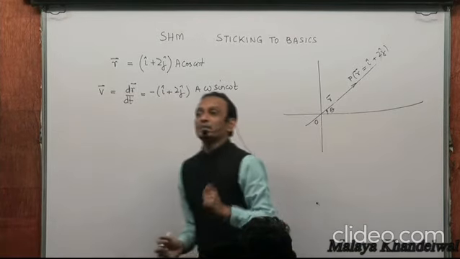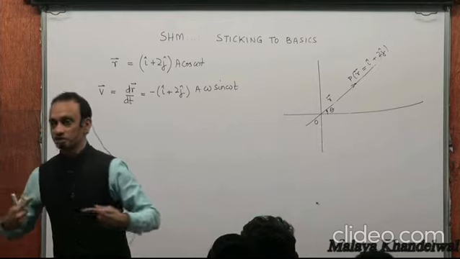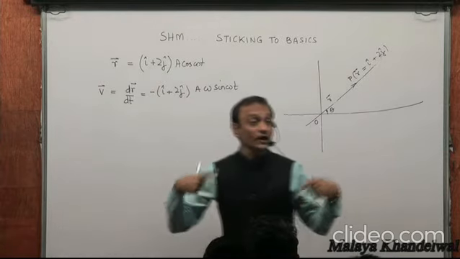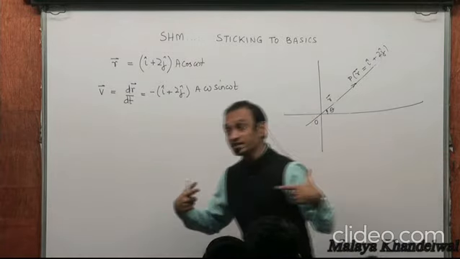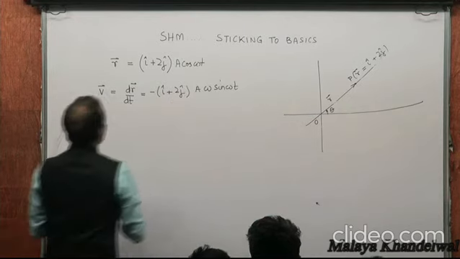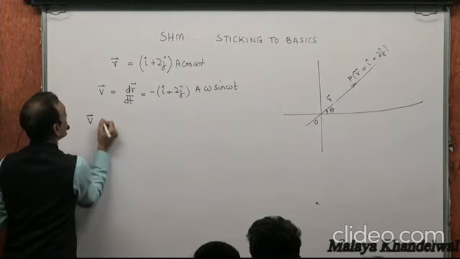Where does velocity become 0? At the amplitude position. Velocity becomes 0 at the amplitude position. Yes or no?